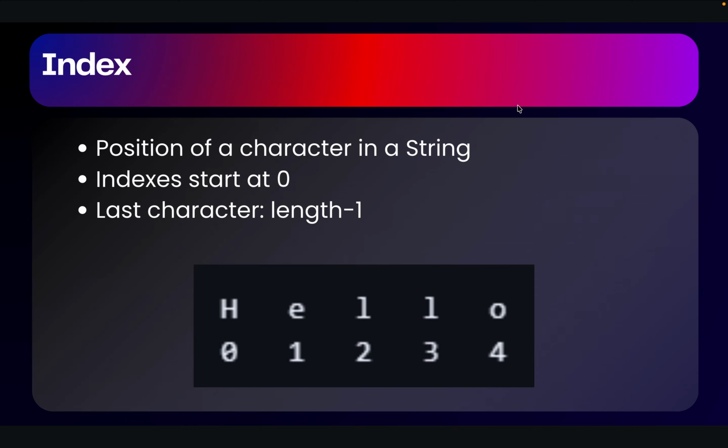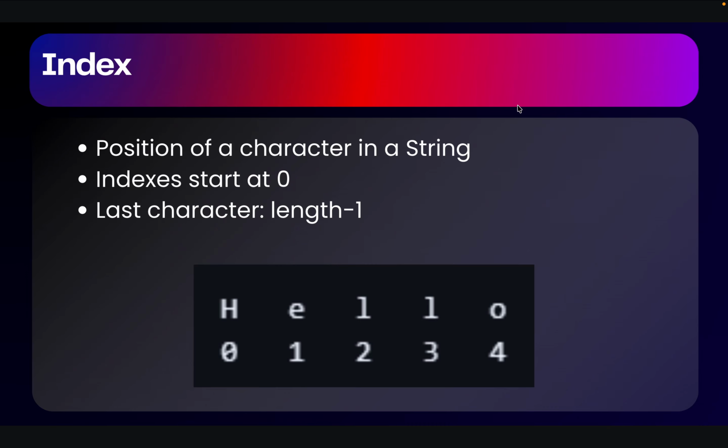Now, unlike your normal counting in math, where you typically start from 1, indexes in Java start at 0. So your counting will start from 0 and work its way up. If you need to access, let's say, the last character, it will always be the length of that object minus 1, because, again, you're starting from 0.